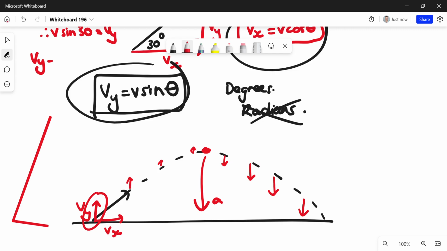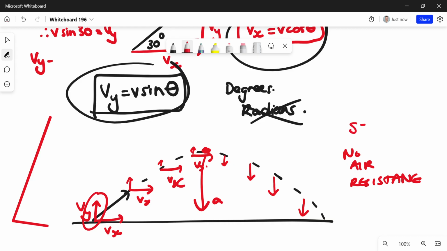Because gravity is working down, and assuming there is no air resistance here, nothing is actually affecting Vx. Because of that, Vx is consistent. If you go back and look at the equations of motion that we looked at, we had one equation which was s equals vt, and we said that equation was only relevant when you had a constant velocity or an average velocity.